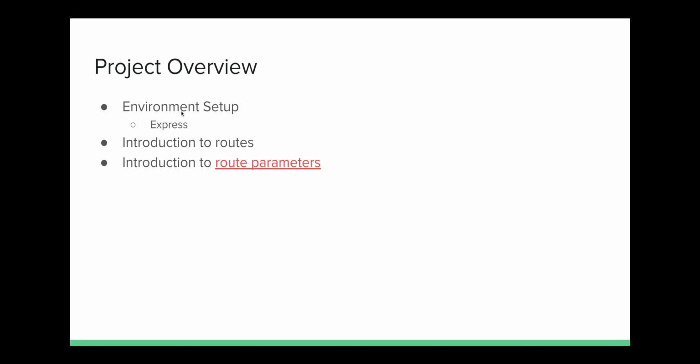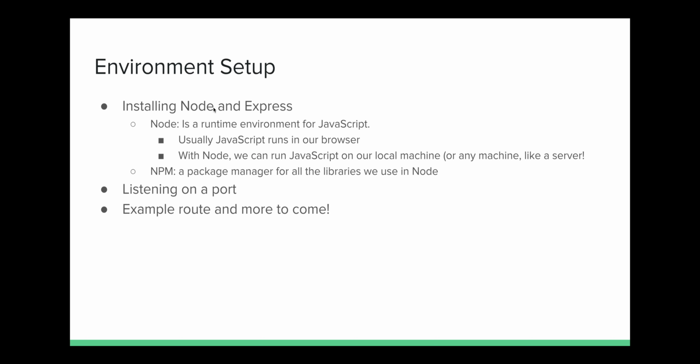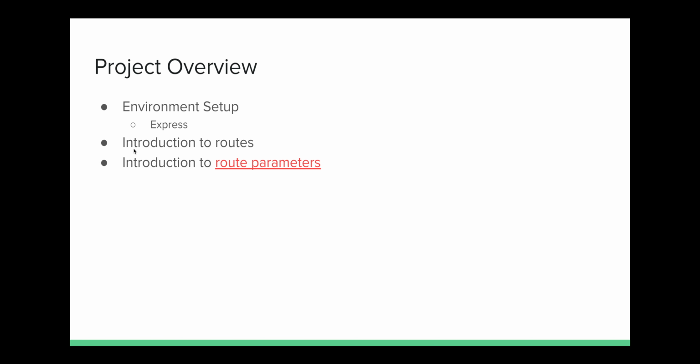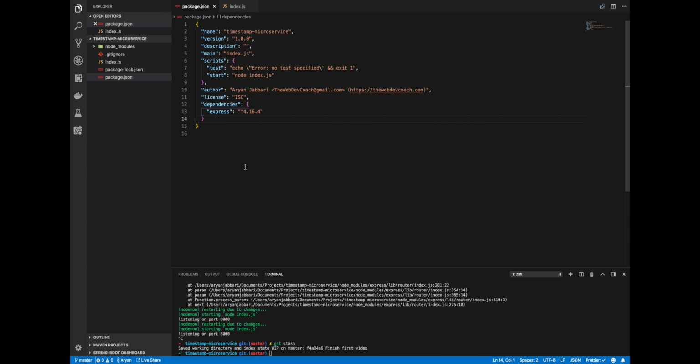In the last video, we went through the environment setup. In this video, we'll be going through routes and more importantly, understanding route parameters and how to use them. So let's get to the project.